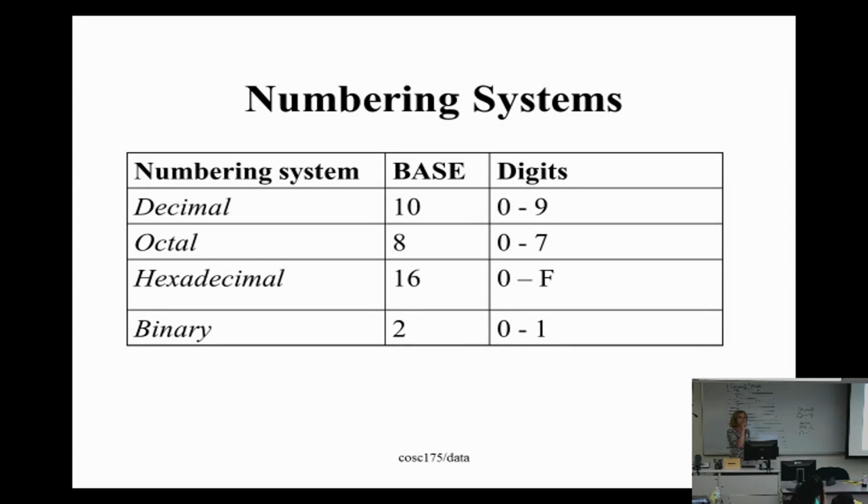So it's 0, 1, 10, 11. We're out of digits, so now we go over to the next placeholder. Do you know what comes next? 100, 101. We're starting over in the ones column.